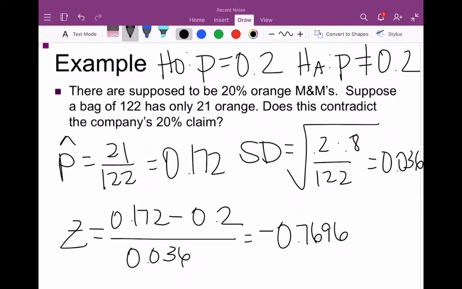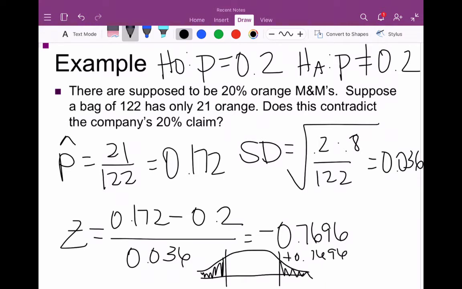Now this is where we get a little tricky because, and I'm going to draw a normal model down here, my z-score is at a negative 0.7696. Because my alternative is not equal to, that means I don't care if it's above or below. So it could be below this value, or I could go up here to a positive 0.7696 and say it could be above it.